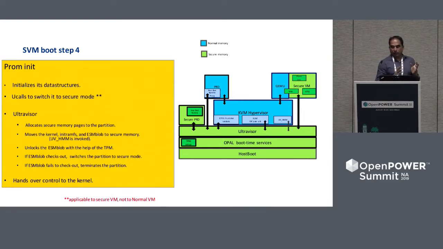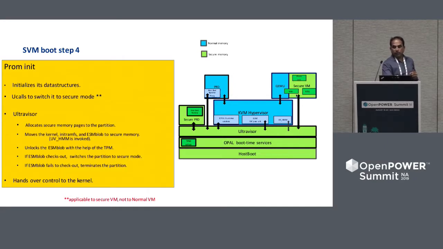If everything checks out, it moves all the data which is there in the normal memory to secure memory, and backs all the address space of the virtual machine image by secure memory, and hands over control back to the SVM with the SMS bit on, which means this secure virtual machine image can now access secure memory. It can access only the pages that are mapped into its page table, and that is done by the ultravisor.